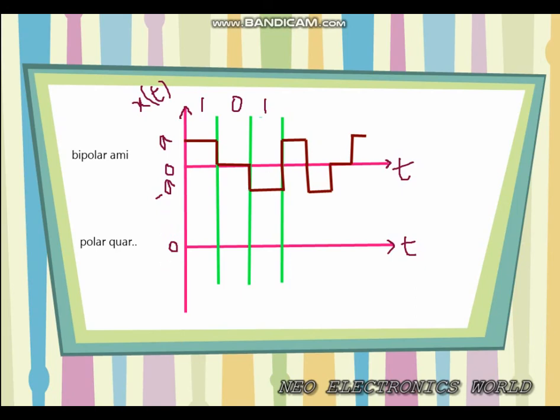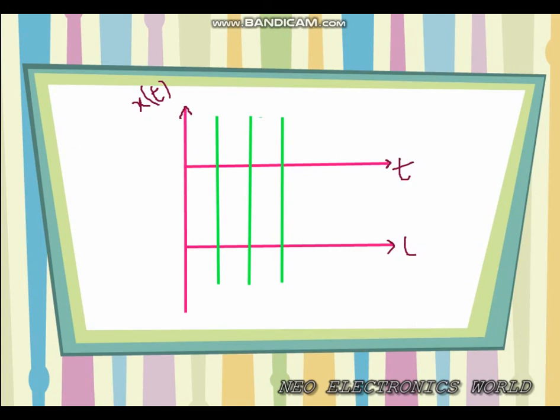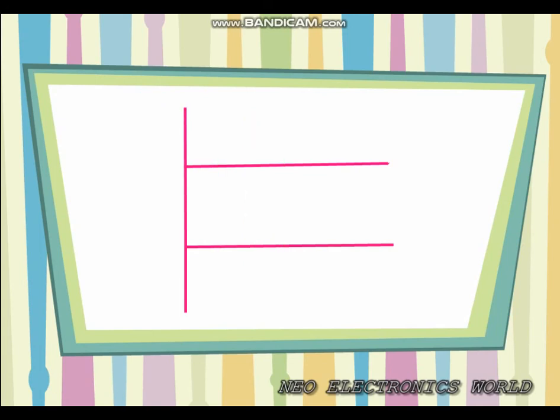I'll just list out the properties: bandwidth, power efficiency, error detection and correction capability, power spectral density, transparency, etc. These are all the properties of the line codes. I have not included that in this PPT, and you have to keep these in mind.